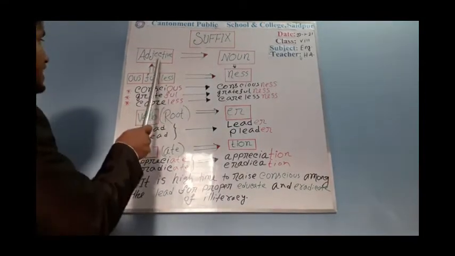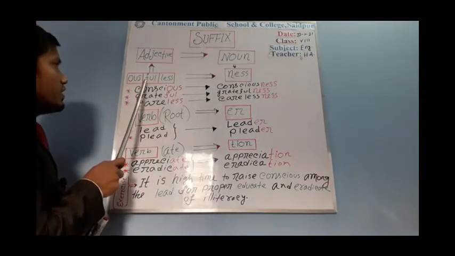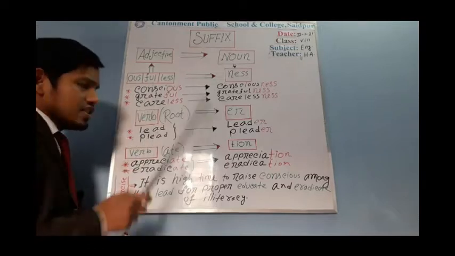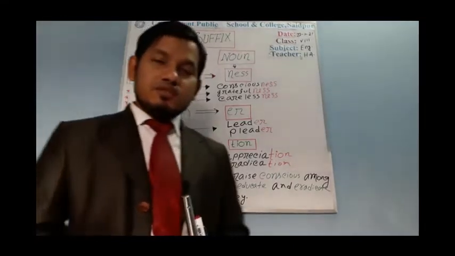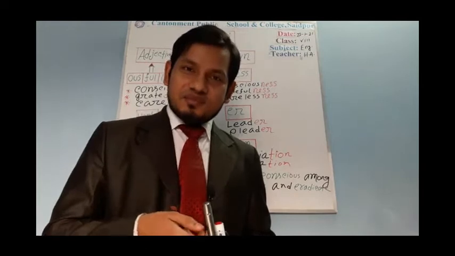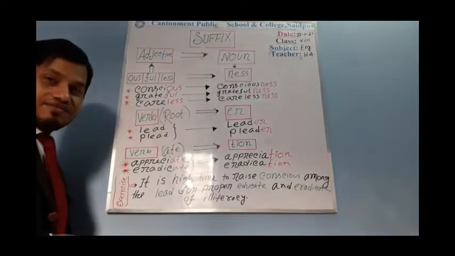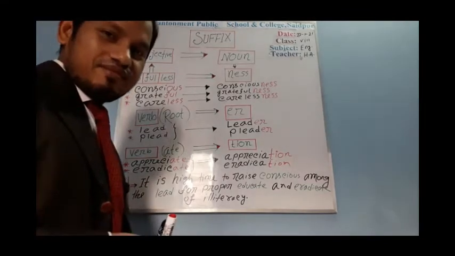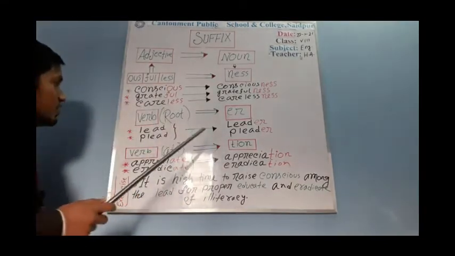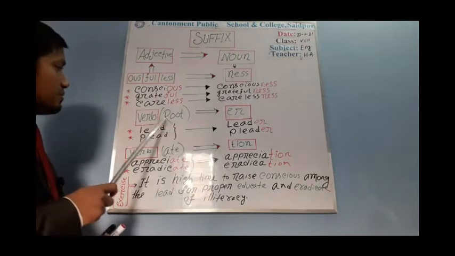For an adjective, a word ending with ous, ful and less can be turned into a noun ending with ness. Keep in mind, right? Beautifulness, carelessness.